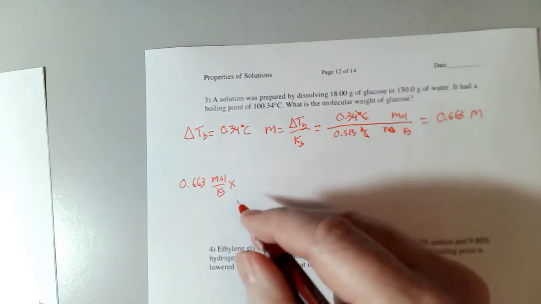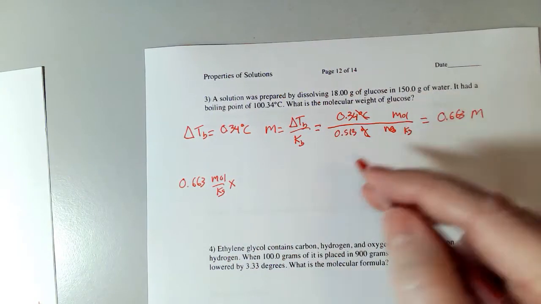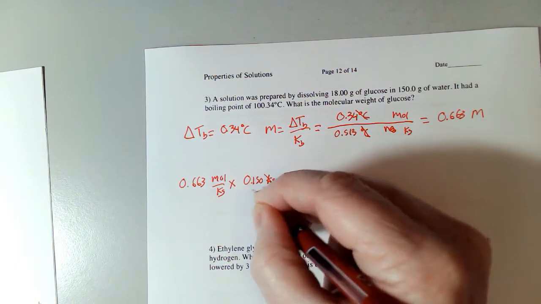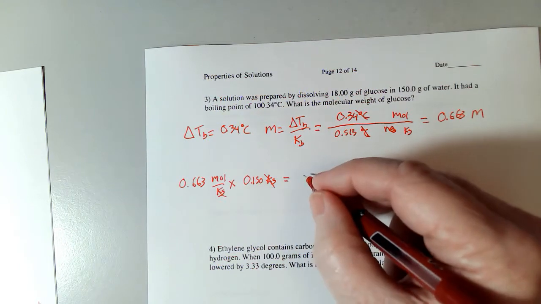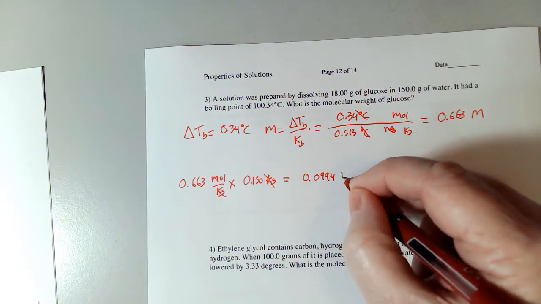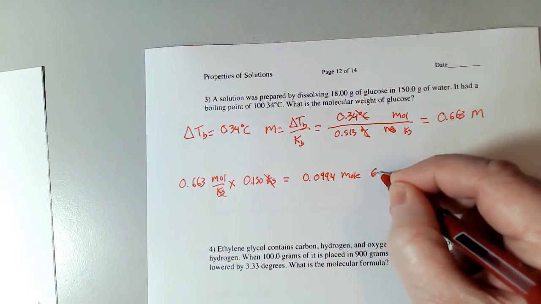and multiply by the kilograms of solvent, which is 150 grams of water, or 0.150 kilograms. And that tells me I now have 0.0994 moles of the glucose.